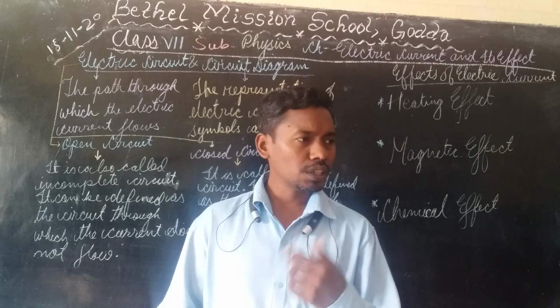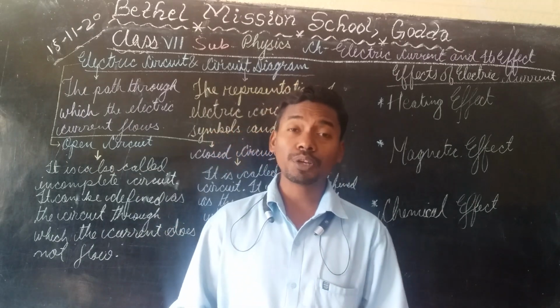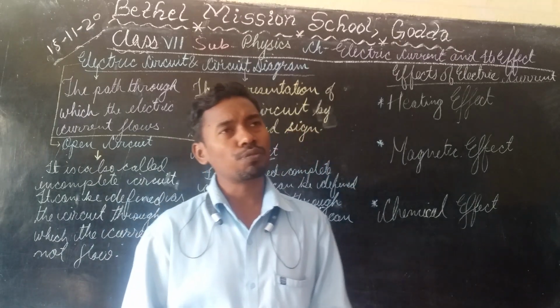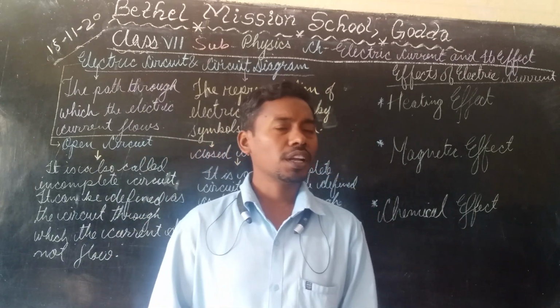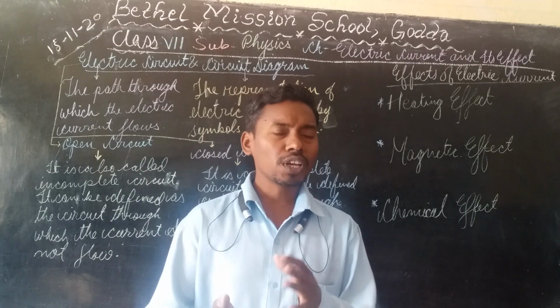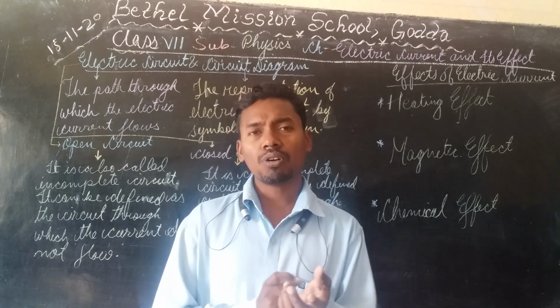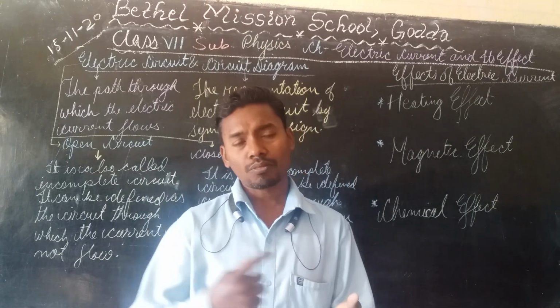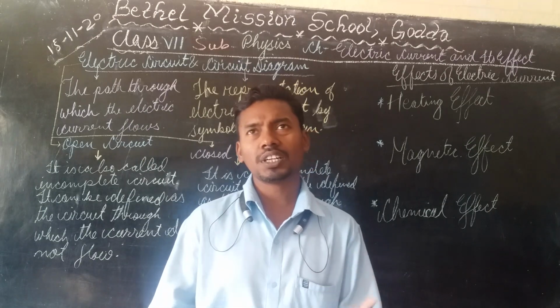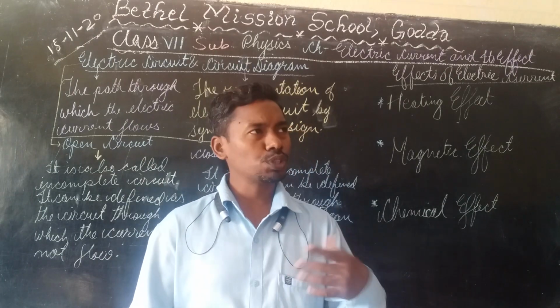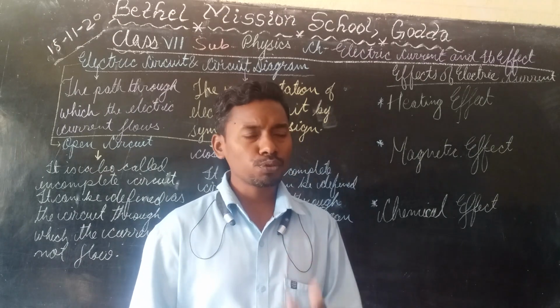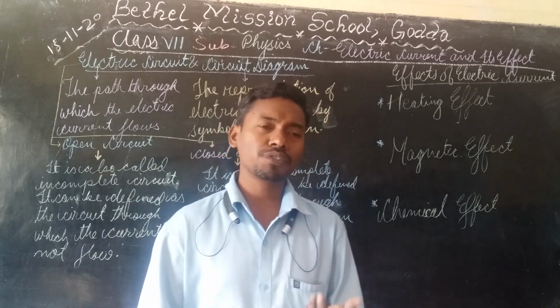Now, in the previous class we studied electric symbols, different types of symbols used for various electrical appliances and devices used in our daily life. If we are to pen this down on a sheet of paper, it is very difficult to draw the fan or the switchboard or the fuse or the electric appliance that we are using.